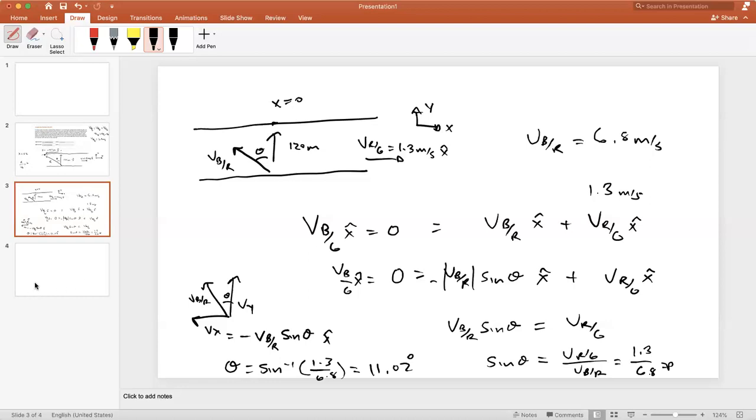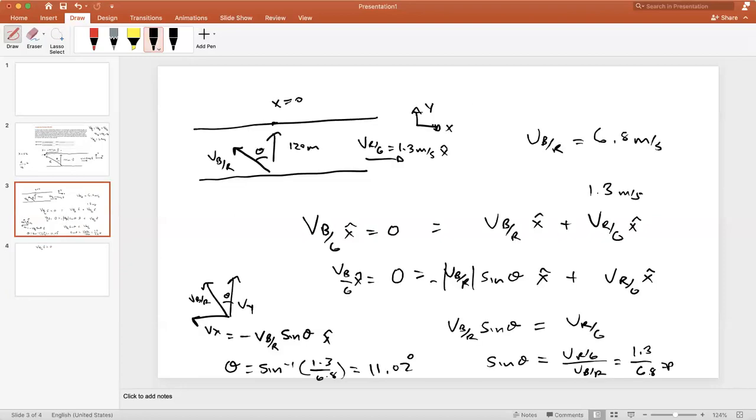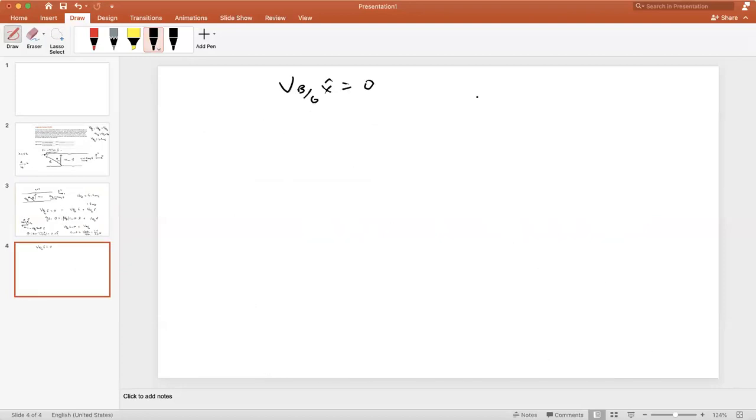Okay, so his total motion is vb over g in the x hat is 0, but he's actually got this thing pointed vb over r sine theta, right? His actual motion is this in the x hat.